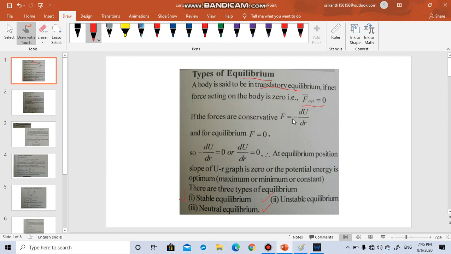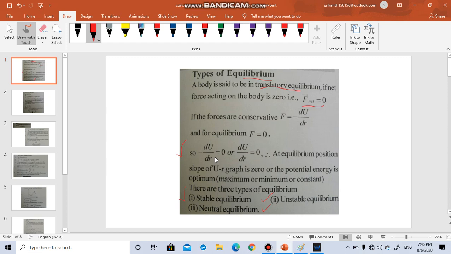In the previous lecture, we discussed that force is equal to minus du by dr, where U is the potential function. If F is equal to 0, that means du by dr must be equal to 0. Something like dy by dx.